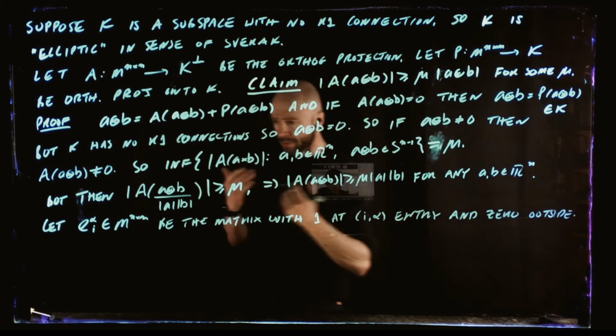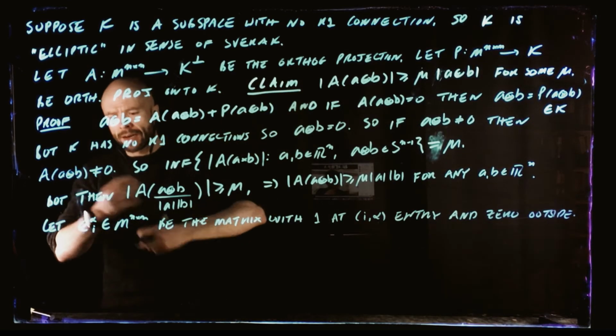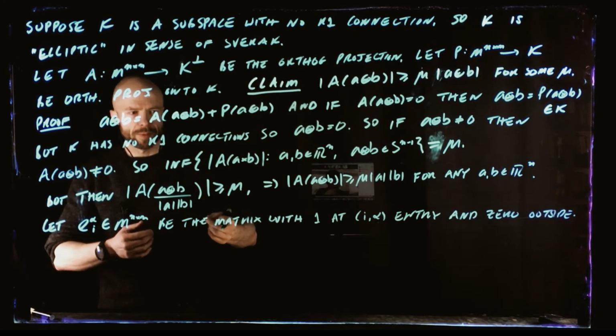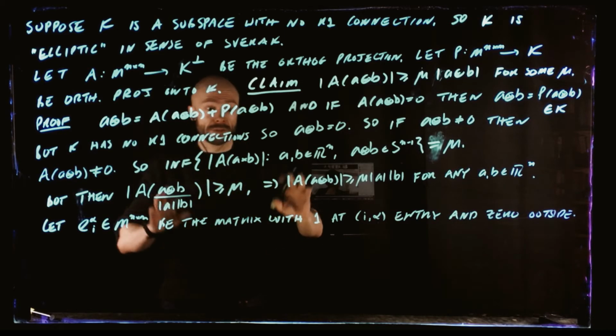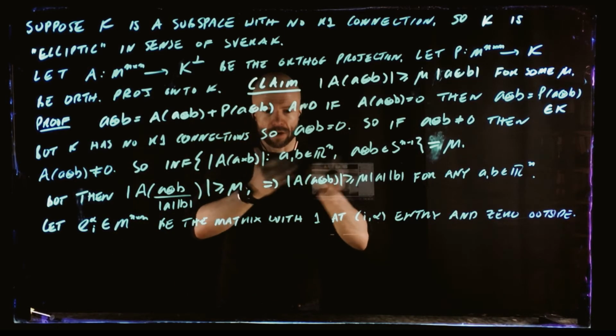As we run I from 1 to n and alpha from 1 to n, this will form a basis for the space of matrices. We can use this basis to give ourselves coordinates or coefficients of this projection.